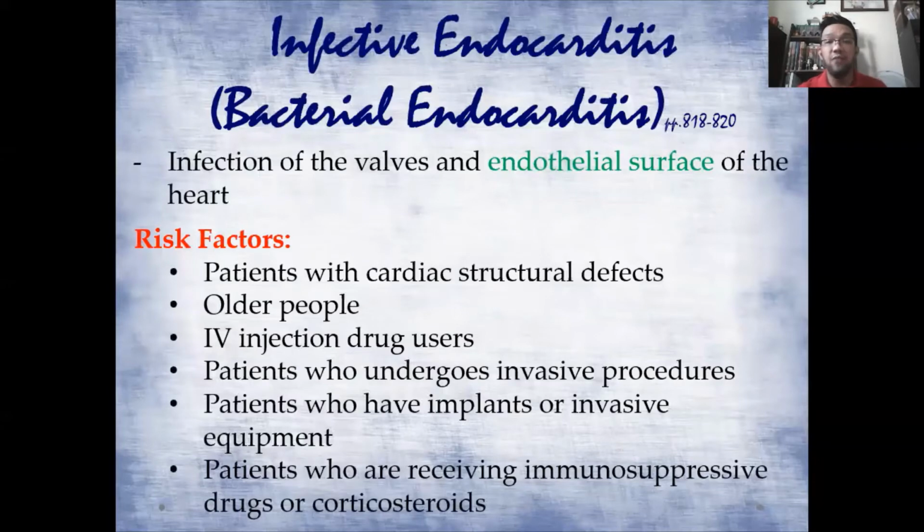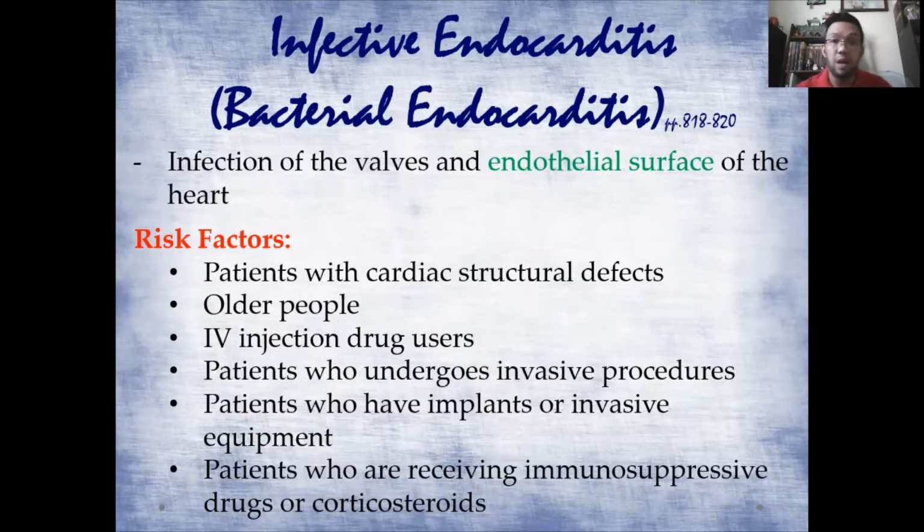Next, we have infective endocarditis, also known as bacterial endocarditis. This is the infection of the valves and the endothelial surface of the heart. Risk factors for this disease include those who have cardiac structural defects, so those who have congenital heart diseases, for example.